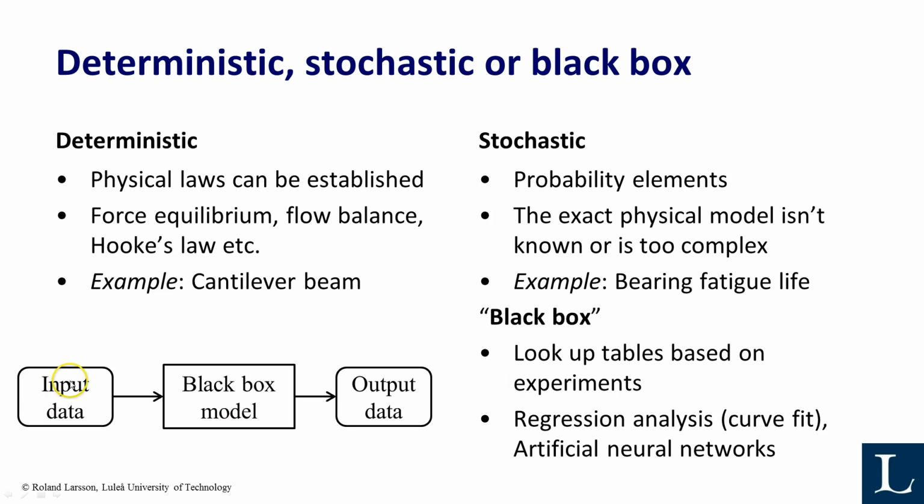If you have the input data here, you know that type of output data will come out. But what's inside here is not known. That's the reason why it's called black box. In this case, I will mainly talk about deterministic models.